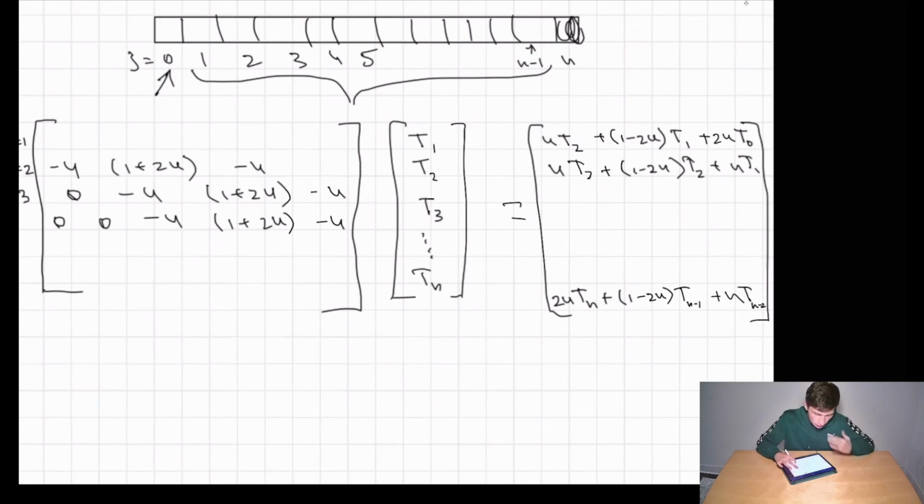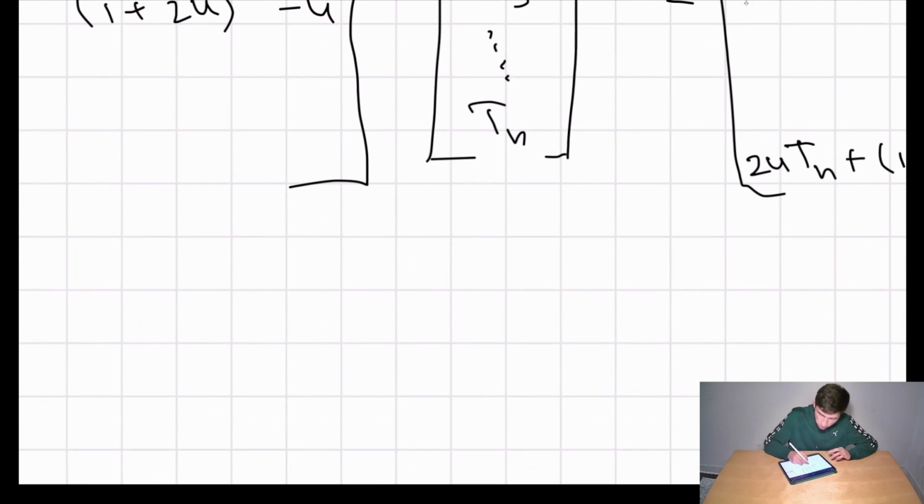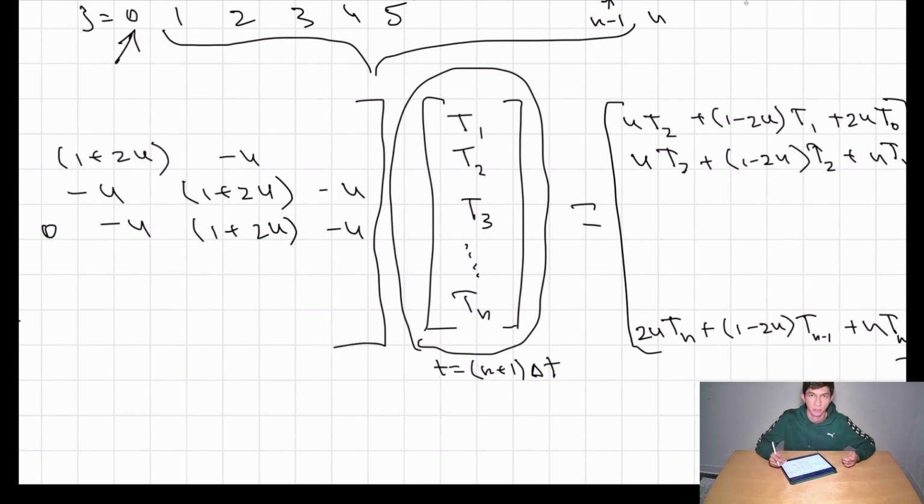Okay, so now what we're going to do is solve. These temperatures are for the time equal to n plus 1 delta t, so these are the temperatures at a later time. We want to solve for them, so we're going to use the SciPy optimized linear algebra function to solve for these unknowns using our Python code.